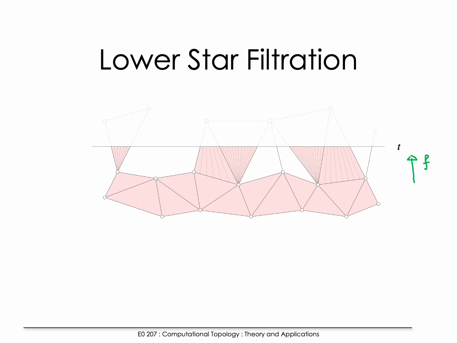So it consists of various vertices. Now if all three vertices of a triangle are below, then naturally we know that the function values in the triangle also lie below t, and so it is also covered. So some of the triangles are partially covered, and some triangles are fully covered.